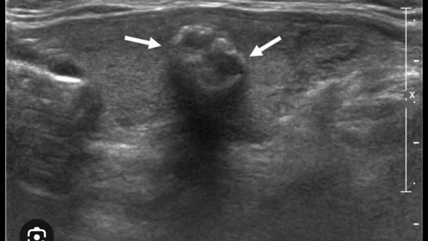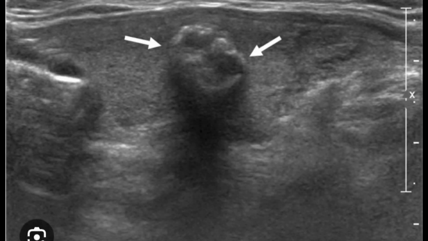But as far as U4 is concerned, which is a suspicious nodule, you will see disrupted peripheral calcification. In the slide you can see multiple tiny disrupted, not continuous, calcifications in the peripheral part of the nodule.